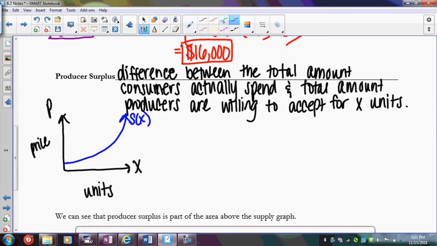And then the equilibrium point, so let's say that this is the equilibrium point. So this is going to be X sub E. This is going to be P sub E. The producer surplus is this area right here. So this represents the producer surplus.